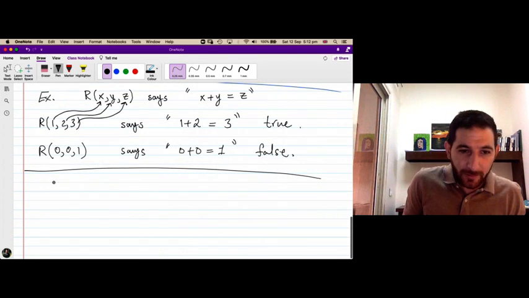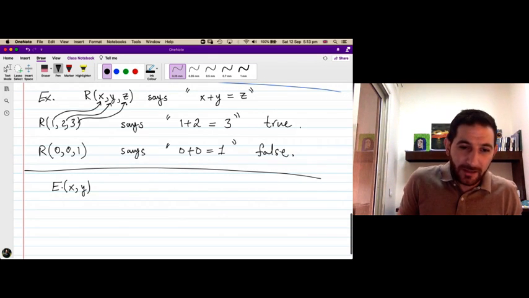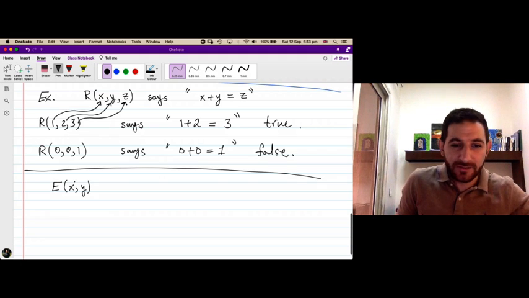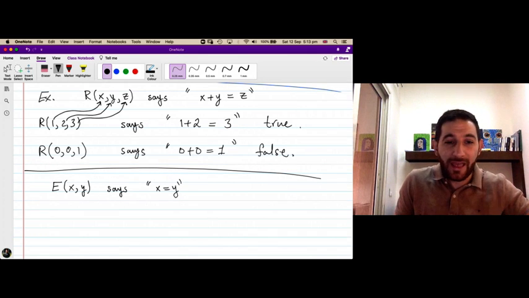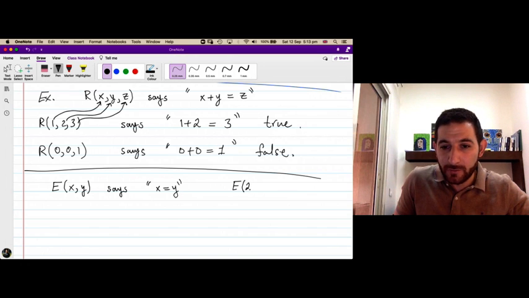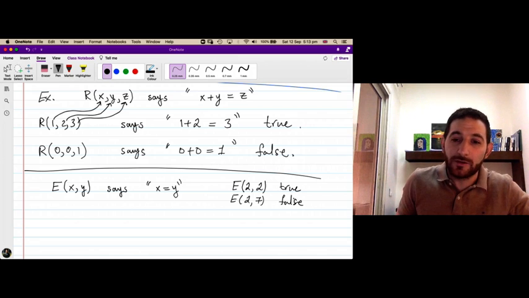Okay. Now, let me tell you that you are very familiar with predicates. For example, look at the equality predicate E(x, y). This is a predicate involving two variables, so it's a binary predicate, and the property E says that x is equal to y. So the pair x, y have property E if they are equal. For example, E(2, 2) is true because 2 is equal to 2, and E(2, 7) is false because 2 is not equal to 7.